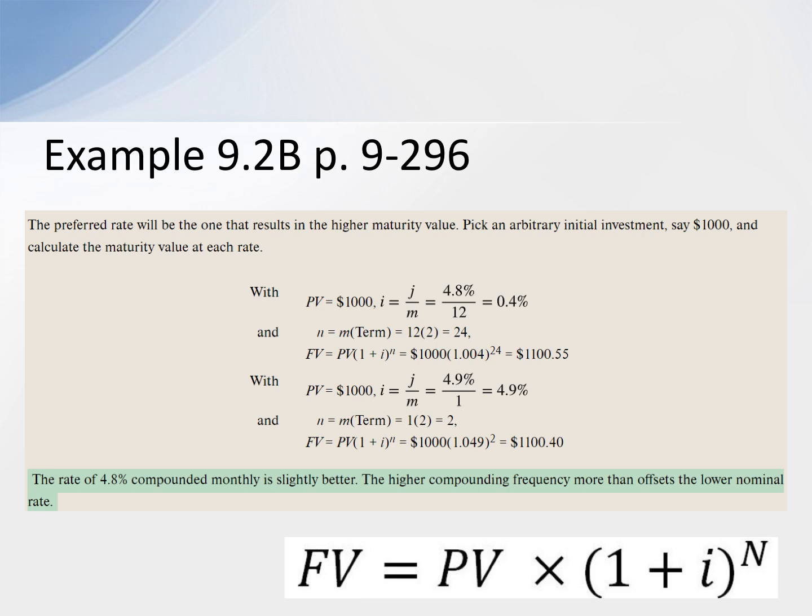Here we can see the calculations that you'd be doing if you were using the formula, and we can see that with conditions of 4.8% compounded monthly, the future value is $1,100.55. With the second conditions, an interest rate of 4.9% compounded annually, the future value is $1,100.40.